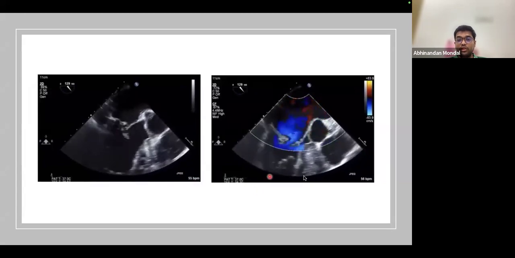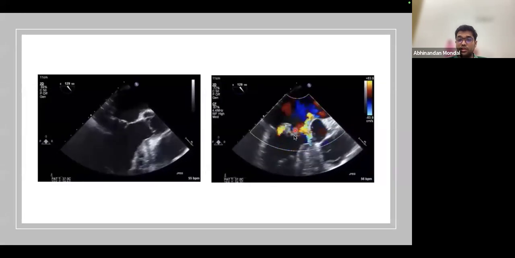Now we can see a beautiful thing in this color Doppler. Can you appreciate? If it would have been an A2 lesion, this jet would have been continuous. So there is a discontinuation between these two jets. Can you appreciate that? So this jet is probably coming from a different direction.